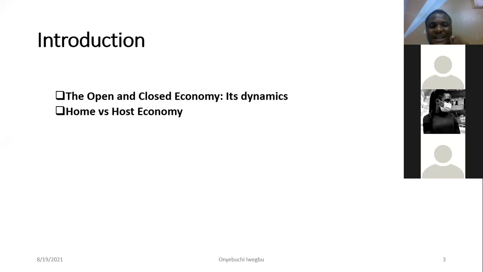Again, when we talk about openness, you cannot discuss macroeconomics without considering openness or without considering the activities of the external sector. So we've been able to build the market: commodity market, money market, link the two together. We have the aggregate demand.